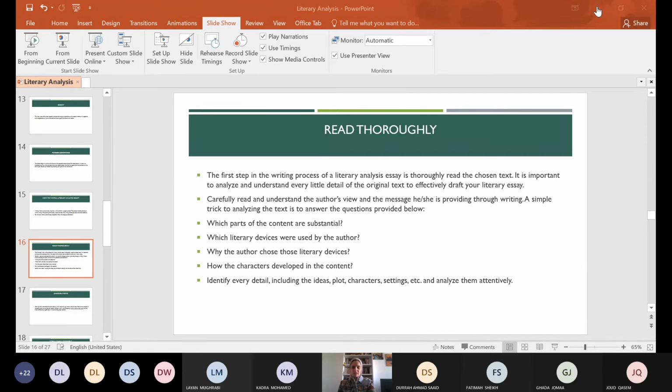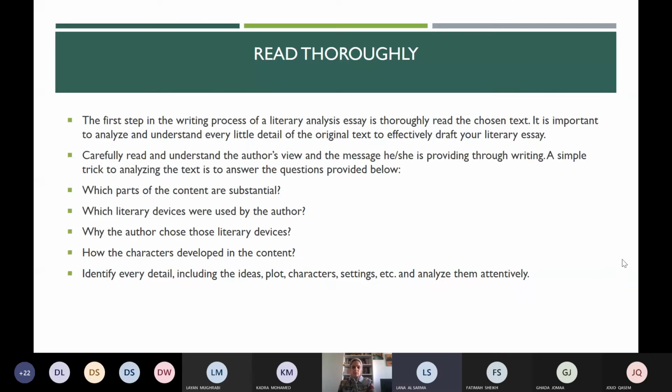The first step in the writing process of a literary analysis is to thoroughly read the chosen text. It's important to analyze and understand every little detail of the original text to effectively draft your literary essay. Carefully read and understand the author's view and the message he or she is providing through writing. A simple trick to analyzing the text is to answer the questions provided below.